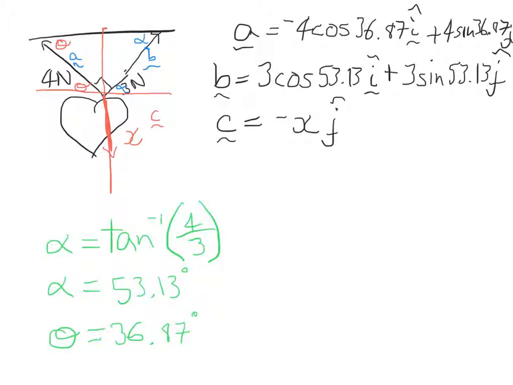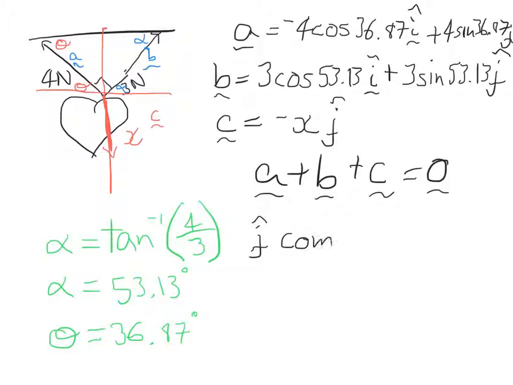Now, because the pendant's hanging there, so it's stationary, A plus B plus C equals 0. All I'm worried about is trying to find that x, so I'm just going to do my j components. Evaluate your j components, and you will get 4 sine 36.87 plus 3 sine 53.13 minus x equals 0.